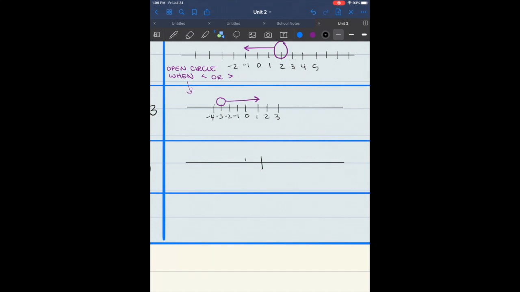Then we're going to draw our number line with numbers to the left and right of 0. So we're going -2 to +2. I'm going to close my circle by coloring it in. And then since we're doing less than values, that means that our arrow goes to the left because those are the lesser values. -1 is less than 0.